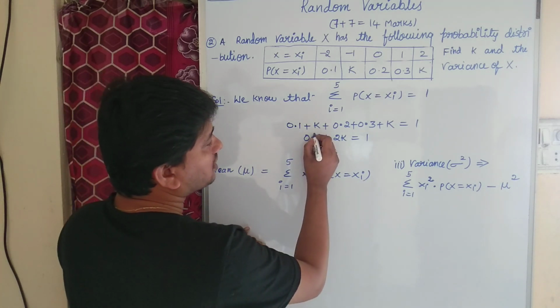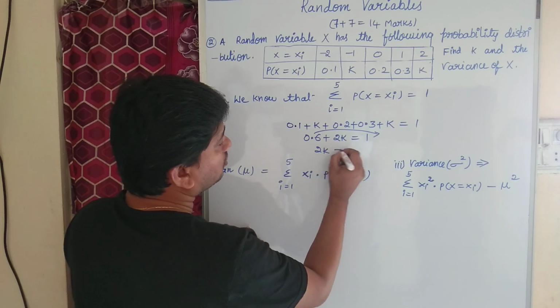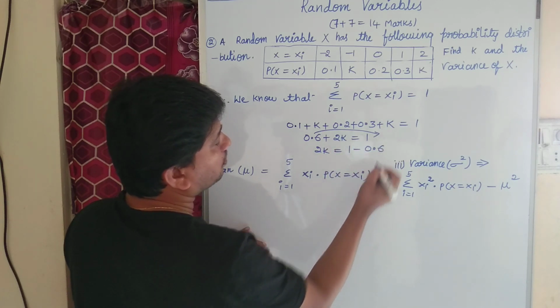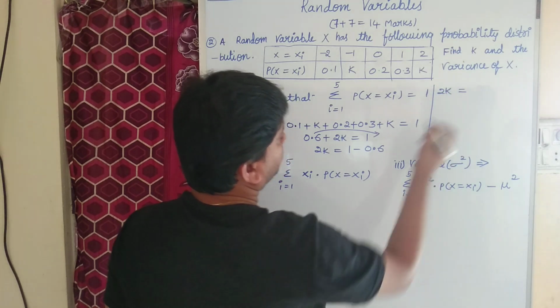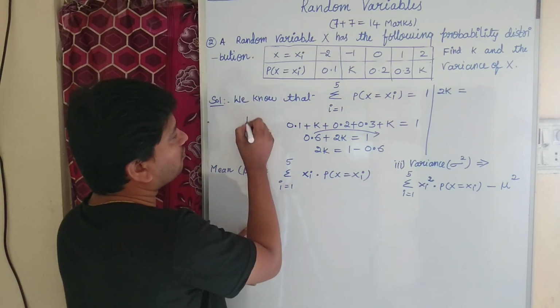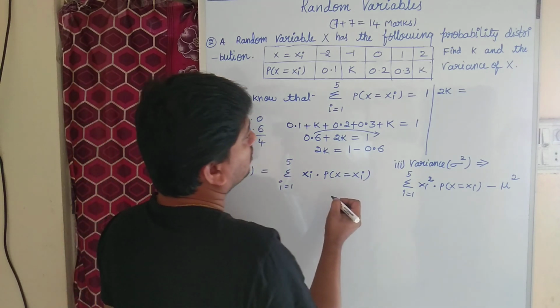Okay? You transpose 0.6, I mean 2k equal to 1 minus 0.6, right? So 2k equal to 1 minus 0.6; from 1 if you subtract 0.6 you will get 0.4, right?